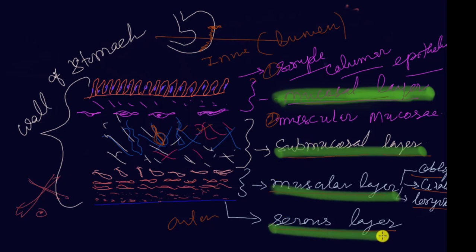Then you will find the serous layer. So these four things you will find in every GIT, right? Most outer, serous. Deep to that, muscular layer. Deep to that, submucosal layer. Deep to that, mucosal layer. Like this, you will find these four layers in every part of your GIT.